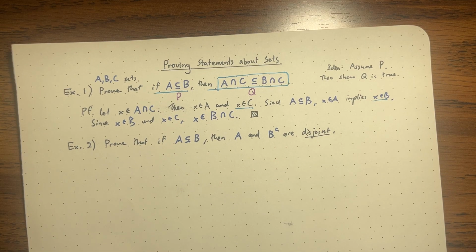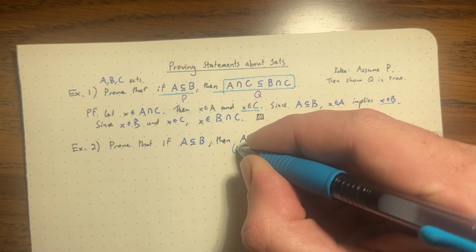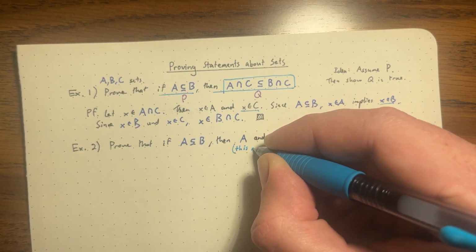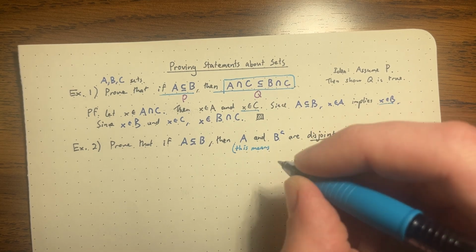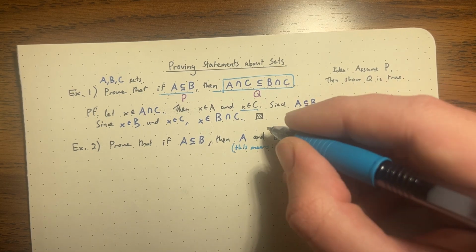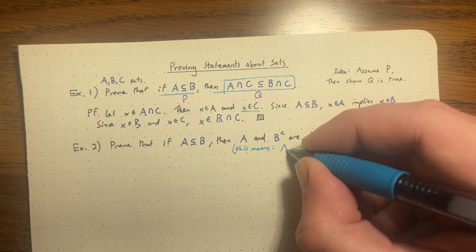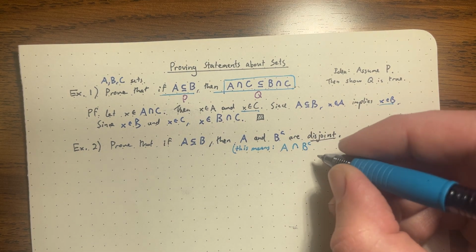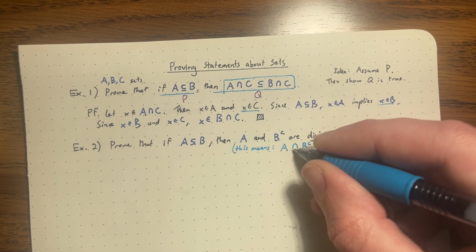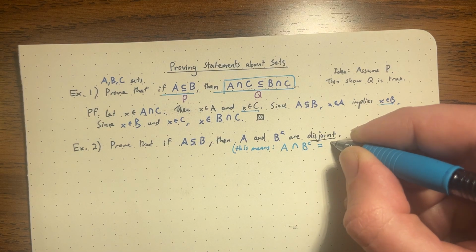So what does that mean? Well, it means what you probably think it means. This means these two sets don't share anything. They're completely separate. In terms of our set operation, it means that when you intersect them, you don't get anything. There's nothing that lies in both of them. So A intersect B complement is the empty set.